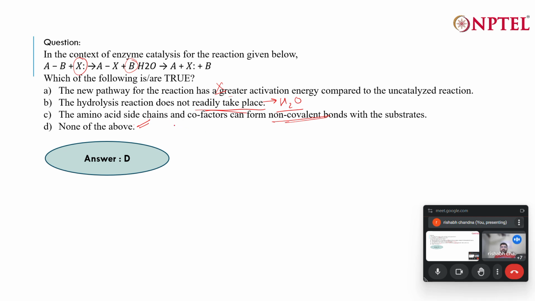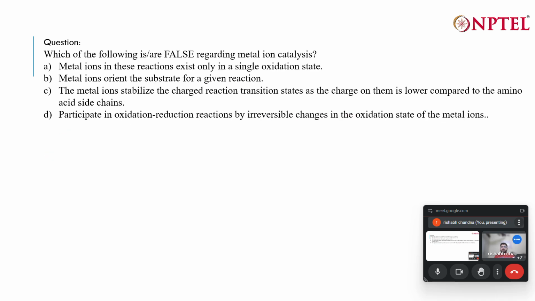No, because the substrate is attached to the enzyme, so in this case it would be a covalent bond with the substrate as compared to the non-covalent bond that we see in other reactions. So this is also not correct, and the correct answer is option D. Okay, let's move on to the next question.